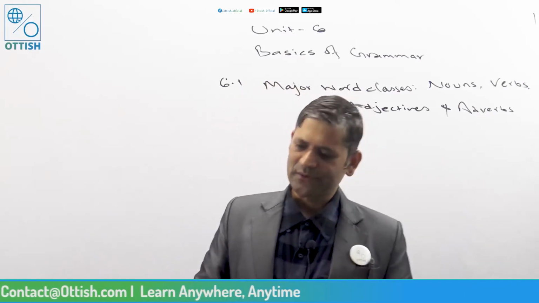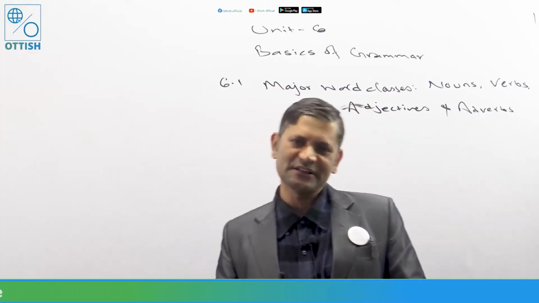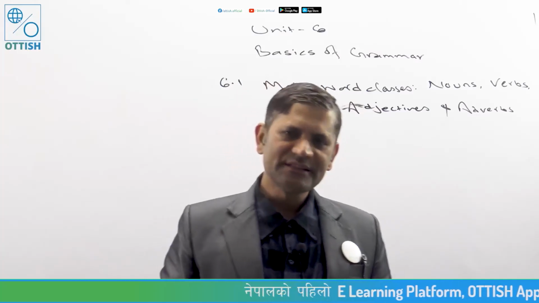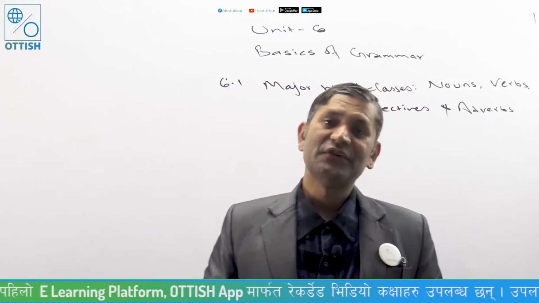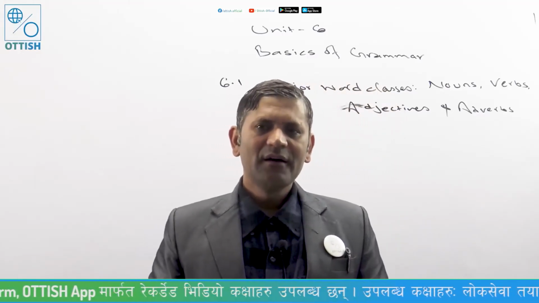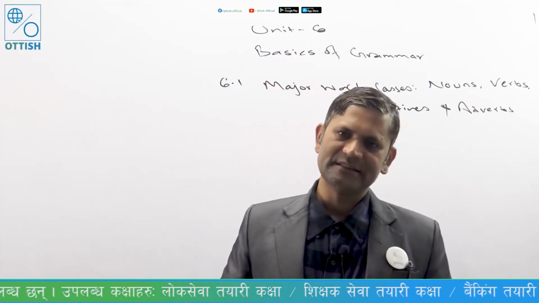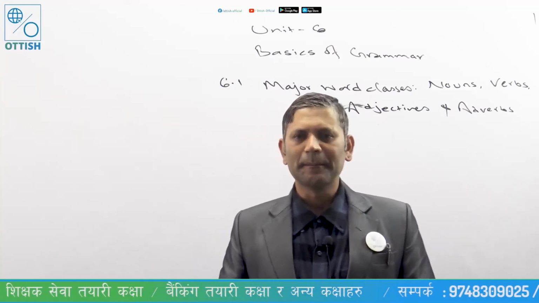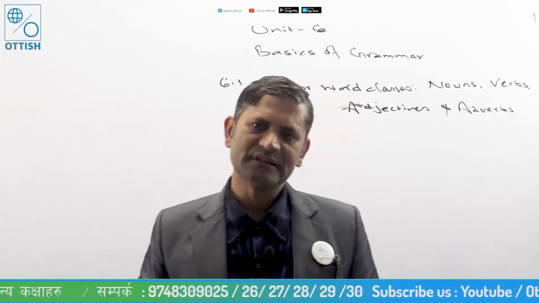Now second, what are the major class words and minor class words? Words are classified into two different types from their functions in the sentences: the major class words as well as minor class words.